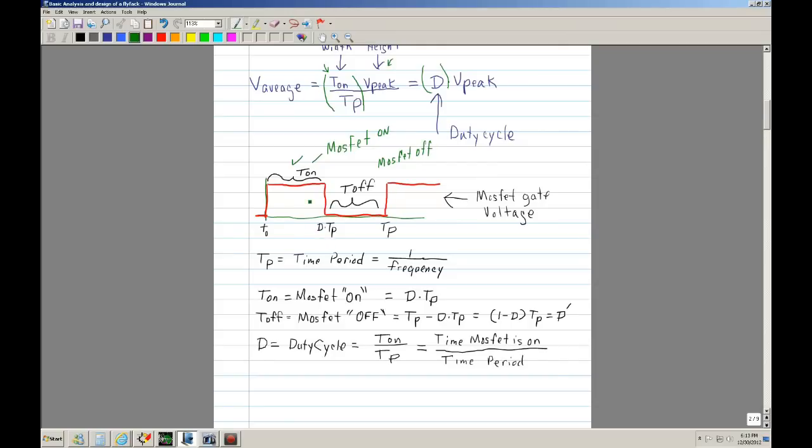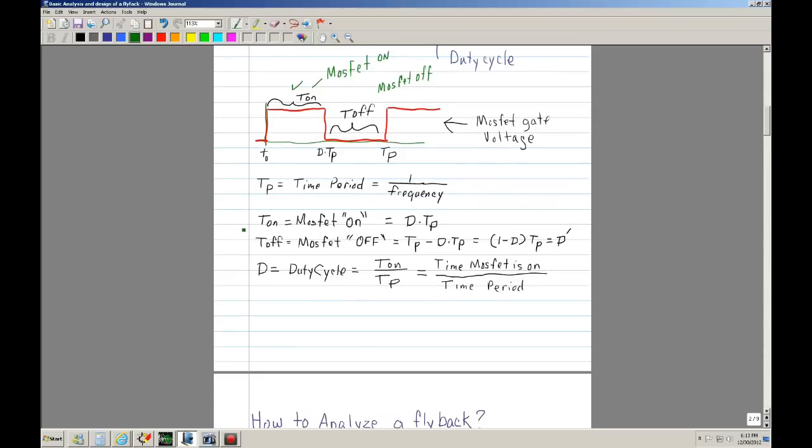Now the time period where it's on is from 0 to D Tp, in other words the duty cycle times the time period, and T off is defined from D Tp to Tp. So here's the definition. Tp is really the time period, which is the reciprocal of frequency, basically from here to there.